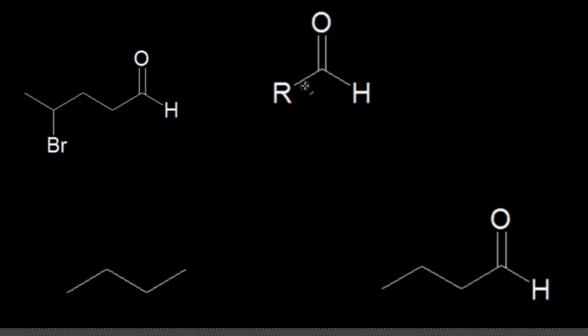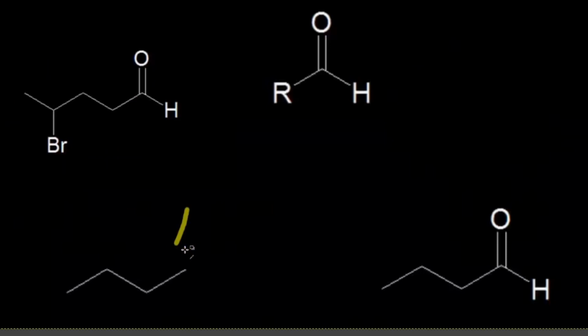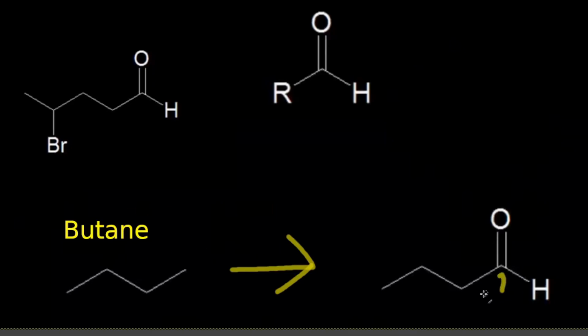This R represents an aryl or alkyl group, which is, for example, this thing. This thing is an alkane with 1, 2, 3, 4 carbons, so it's butane. Then this butane gets oxidized, forming an aldehyde with 1, 2, 3, 4 carbons. Remember, the counting always starts with the functional group.